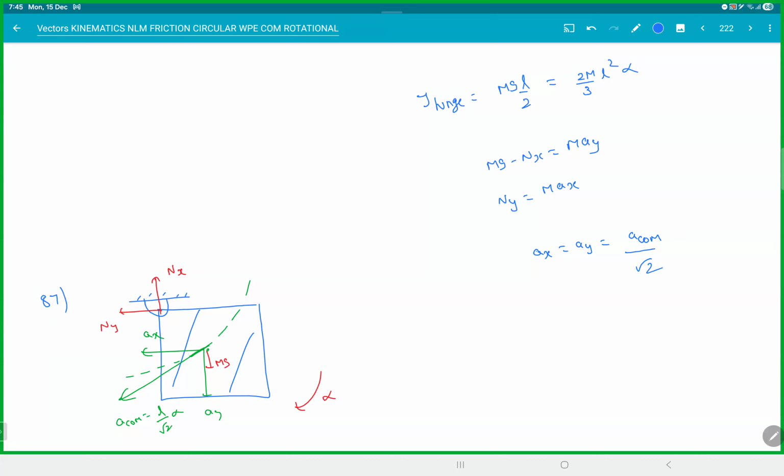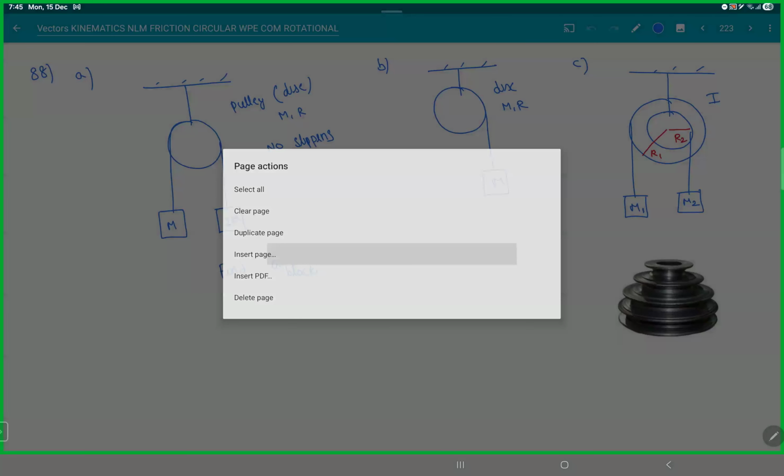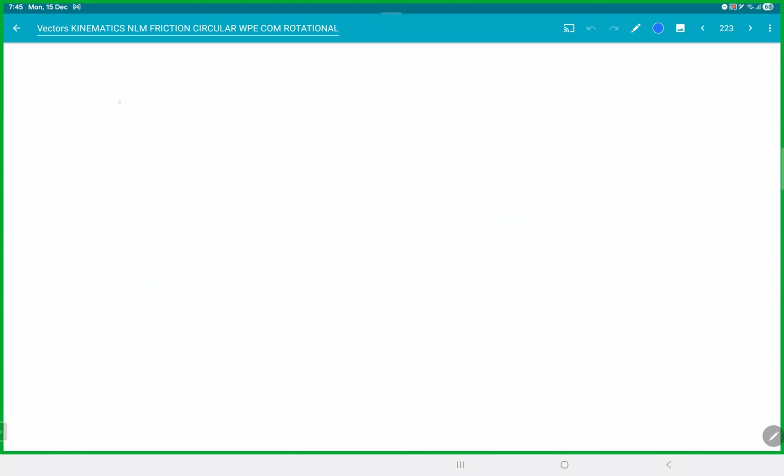Is it clear, everyone? Before going ahead, let me ask you one more. So we have a carpet.